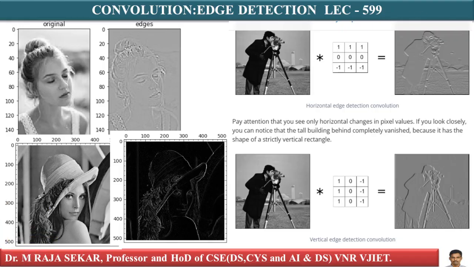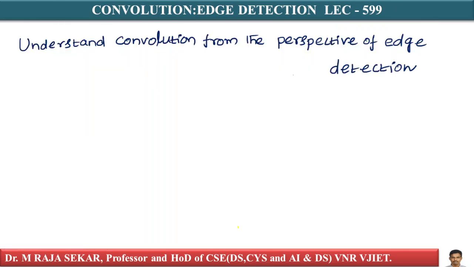In this lecture, we will try to understand convolution. To design convolutional neural networks, first let's understand this concept called convolution. We will understand it from the perspective of edge detection.